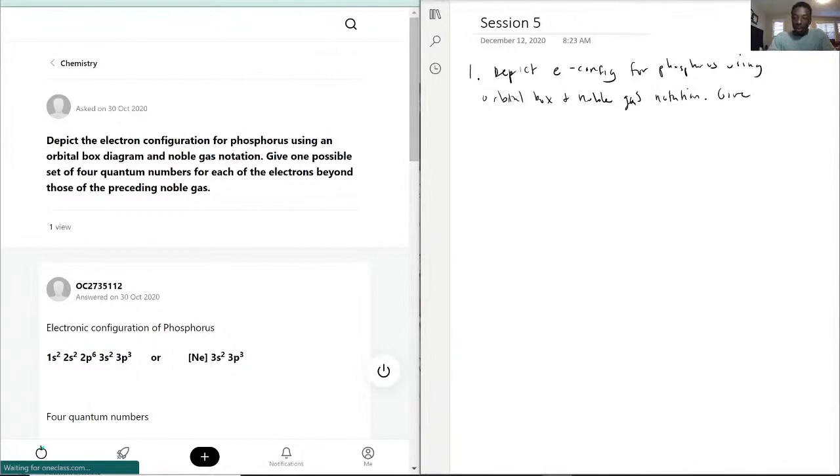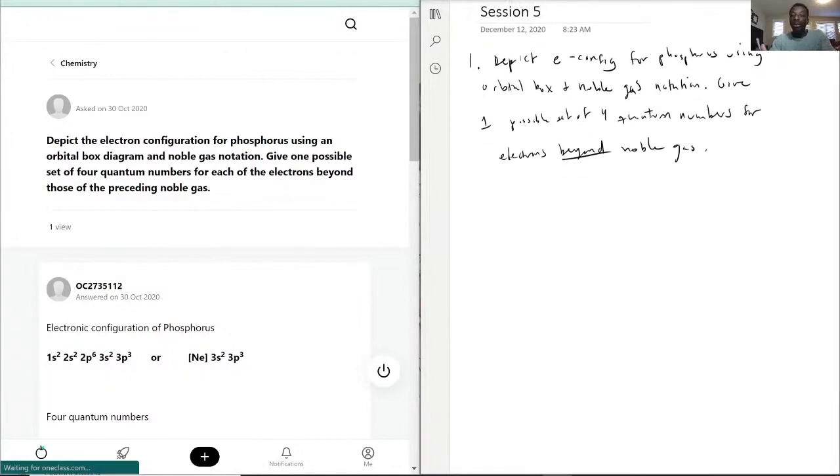Give one possible set of 4 quantum numbers for electrons beyond noble gas. So this is definitely a bigger scope of a question. Nonetheless, we will tackle it right away.